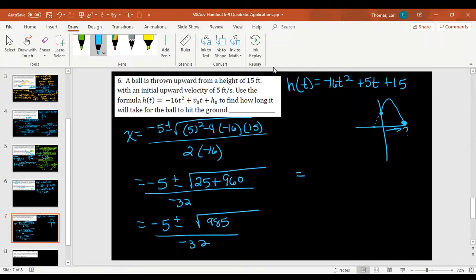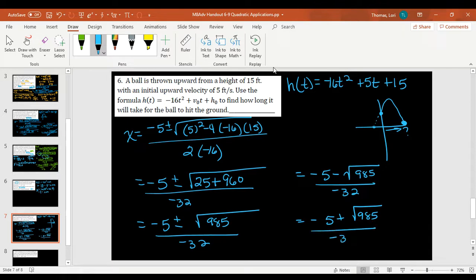We have two expressions: negative 5 minus the square root of 985, all divided by negative 32, and negative 5 plus the square root of 985 divided by negative 32.